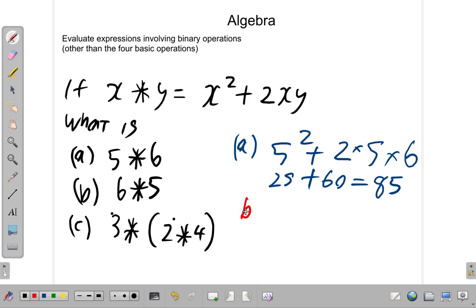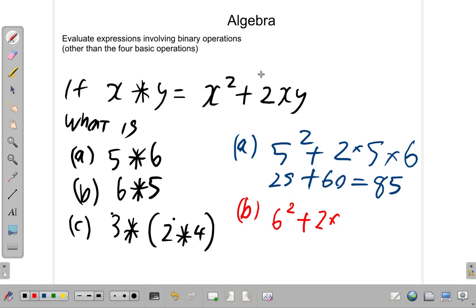Let's look at part B. 6 asterisk 5. A was 5 asterisk 6. Now it's 6 asterisk 5. 6 is first in the same position as x. So whatever you do with x over here, you're going to do with 6. So it's 6 squared plus the 2 times x in the same position.